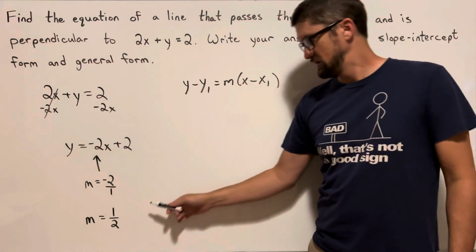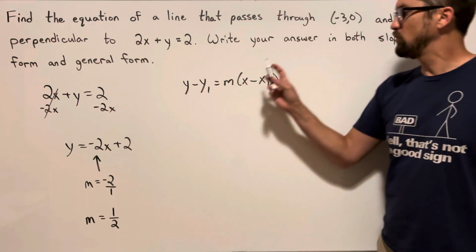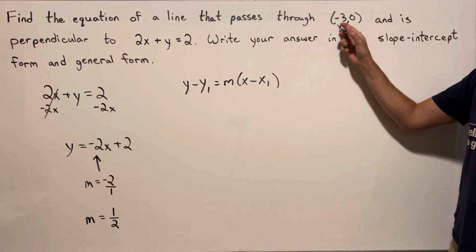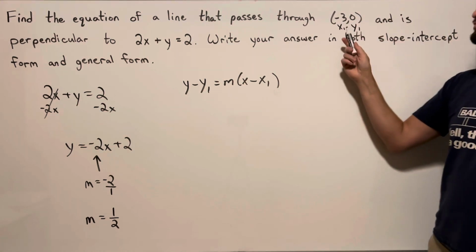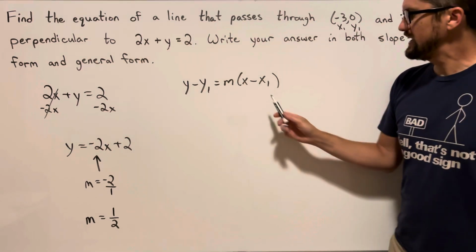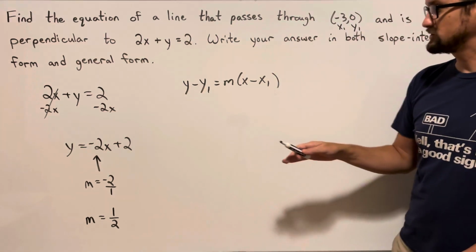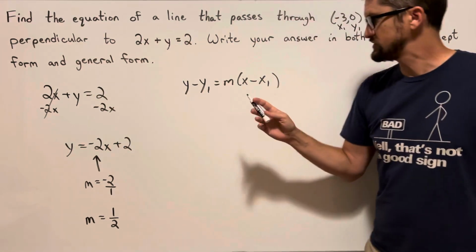The m is the slope I found down here, 1/2. The x1 and the y1 are the point that the line goes through. So x1 is -3 and y1 is 0. And you're going to leave this x and this y alone. That's what's going to be in the equation.